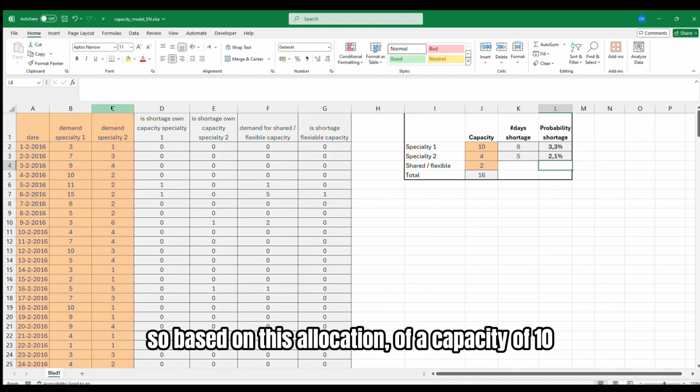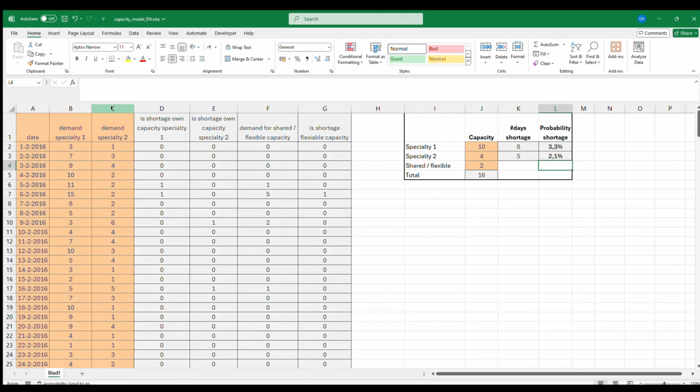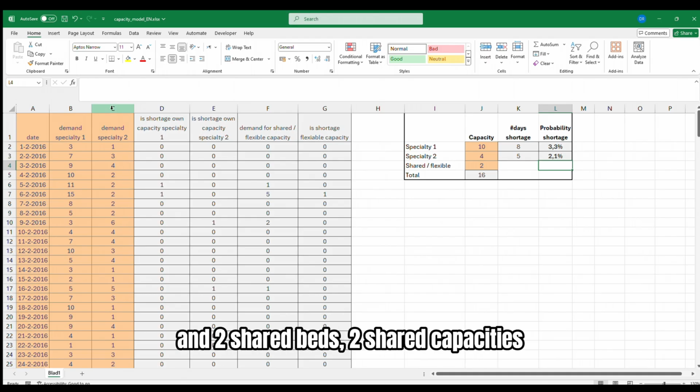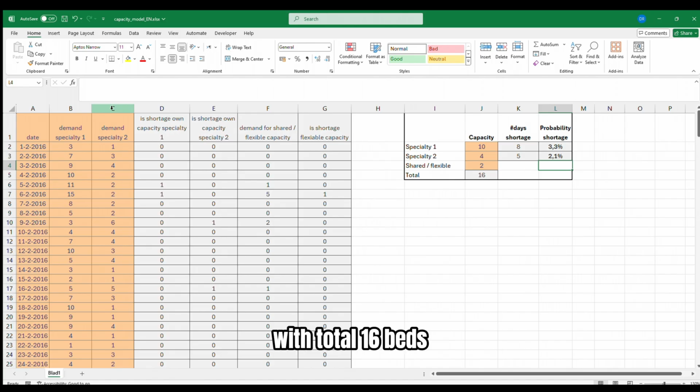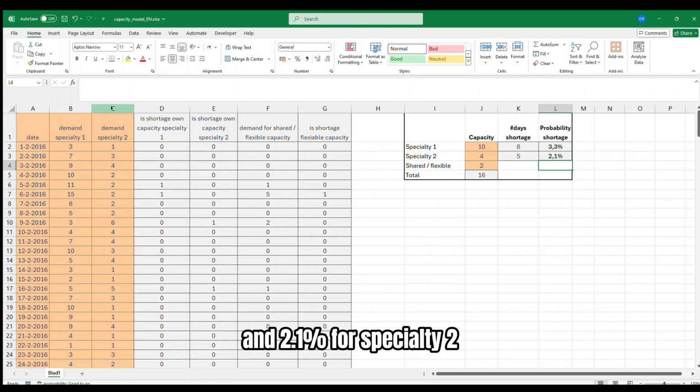So based on this allocation of a capacity of 10 allocated for specialty 1 only, 4 allocated for specialty 2 only, and 2 shared beds, 2 shared capacities, with total 16 beds, there's a shortage probability of 3.3% for specialty 1 and 2.1% for specialty 2.